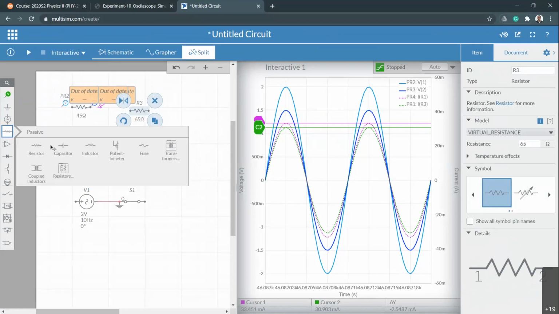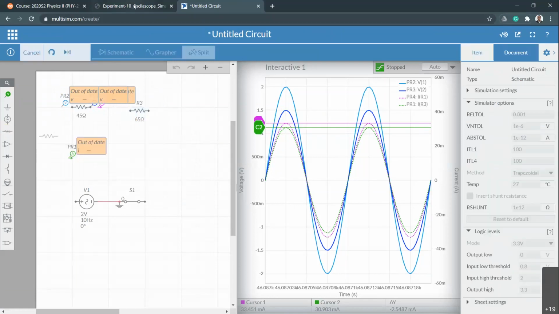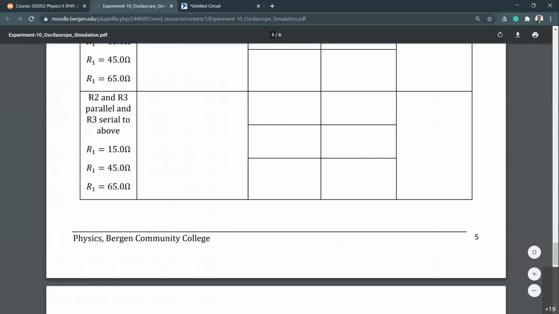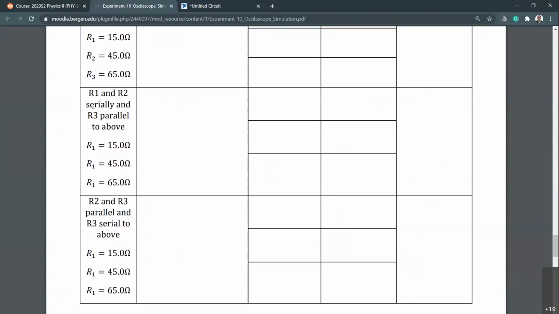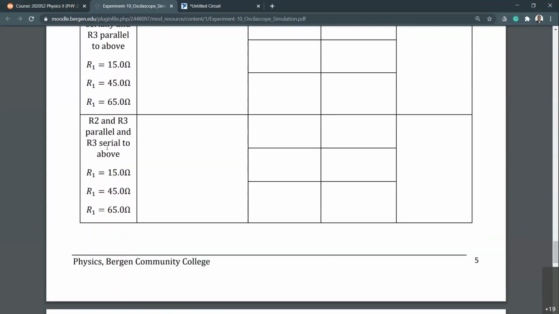Okay. Please change that, there's a small typo here on your table. It should say R2, R3 parallel. First one is R1, R2 serial, R3 parallel. Now this should be R2, R3 serial, R1 parallel.